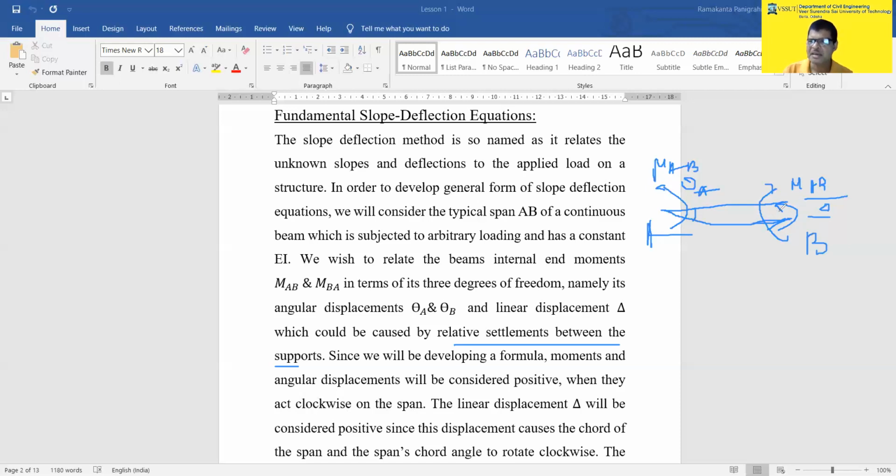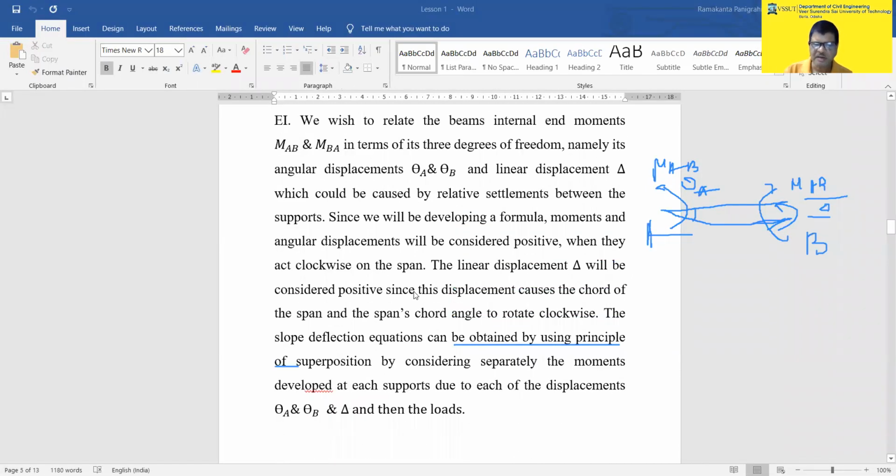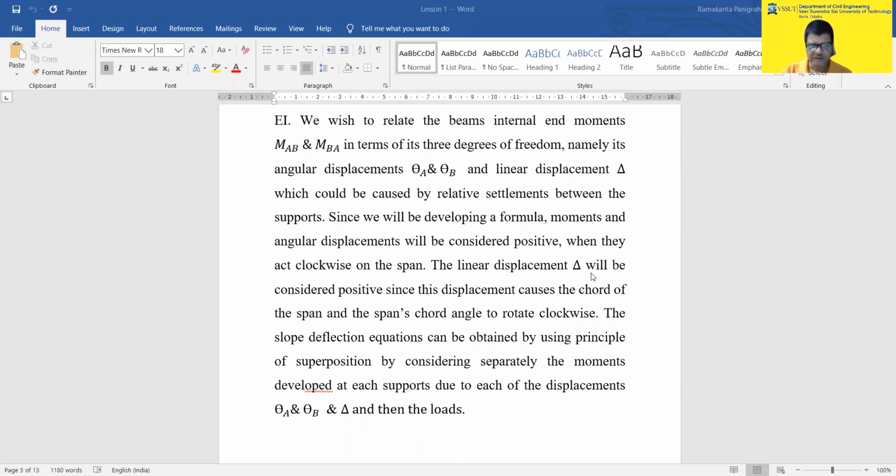So there will be a moment developed due to this settlement. If that gives this clockwise moment, it becomes positive. Otherwise, it becomes negative. So this is the sign convention being taken for the calculation of these moments and slopes.